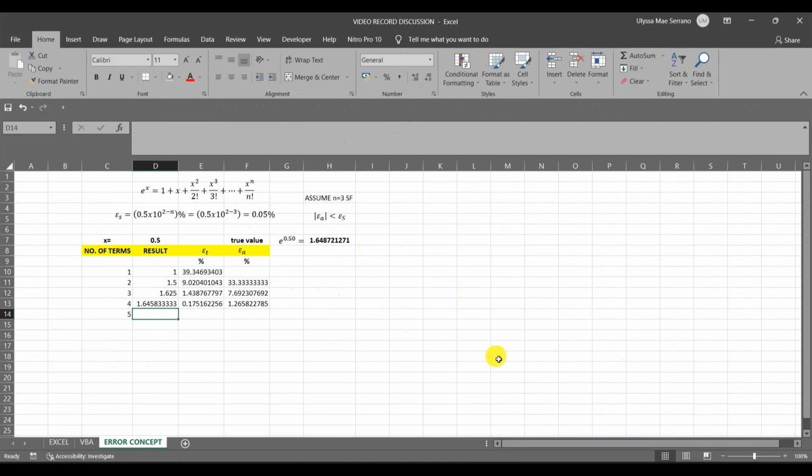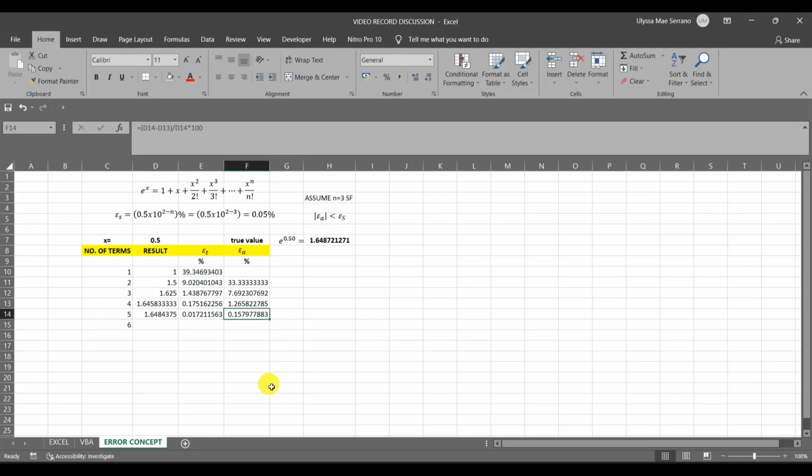Ang gagawin na natin will be yung fourth and using summation notation. So, magkakaroon tayo ng idea na ang sunod will be x raised to 4 divided by 4 factorial. So, makikita nyo dito, 3 factorial yung una, tapos 4 factorial yung sunod. Based yun sa summation notation. So, dun ka magkaka-idea kapag marunong tayong gumamit ng summation notation.